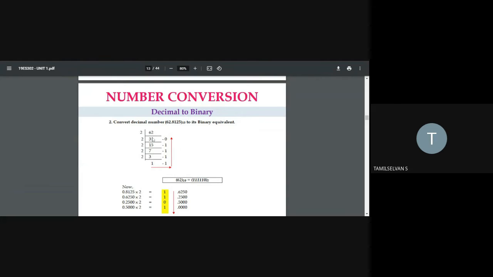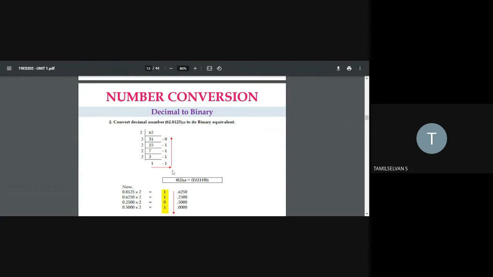The same methodology and the normal division can be done in this conversion also, right? So 31 2s are 62, there is no remainder, so we put 0. Then 31 by 2, 15 2s are 30, and remainder 1, and the same methodology has to be followed until the last value, right?